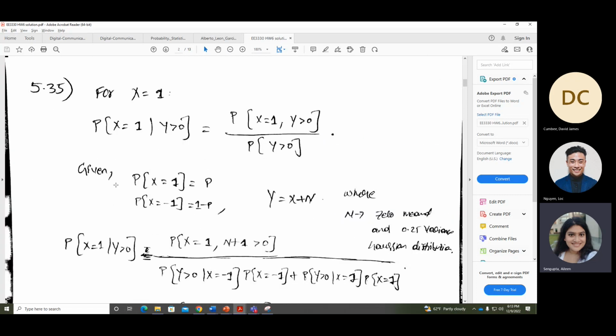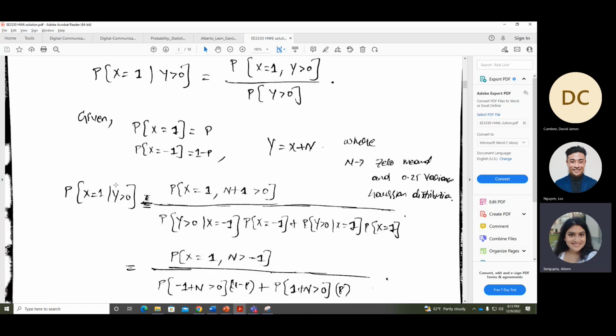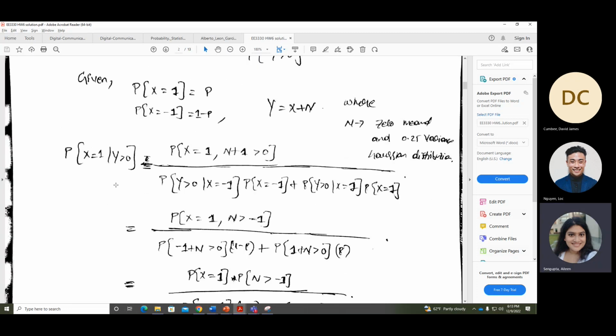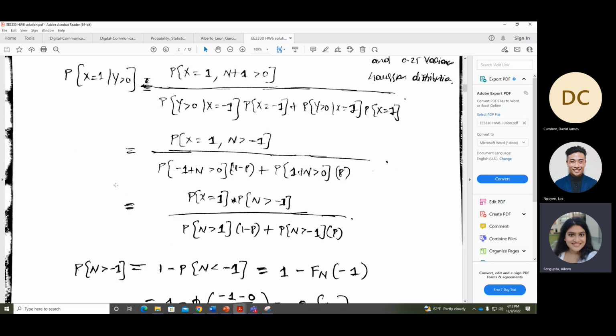Now problems like this one, where there is a conditional probability involved, you might not get these problems because this is almost like a Bayes rule type of problem.